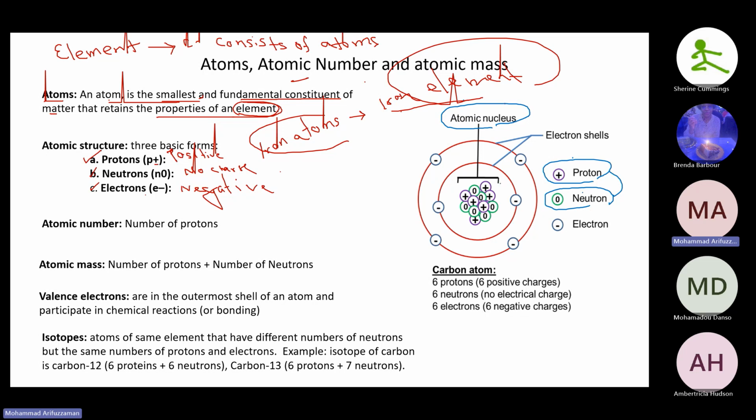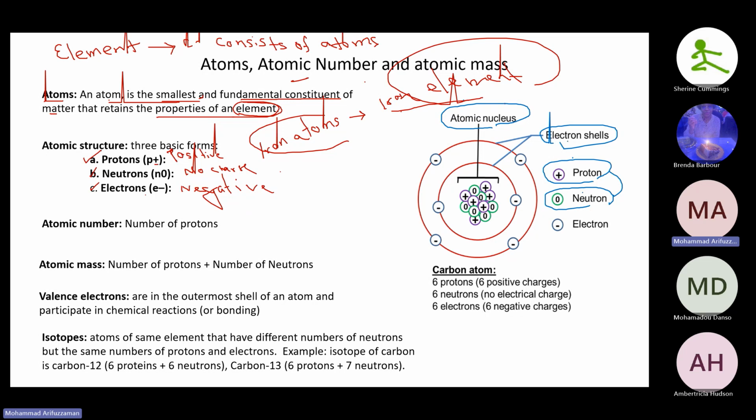And the next, the electron shell. You can see the electron shell, which is the outer circle, which forms an orbit that encircles the nucleus.